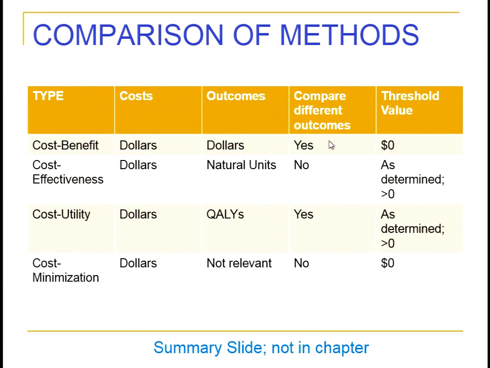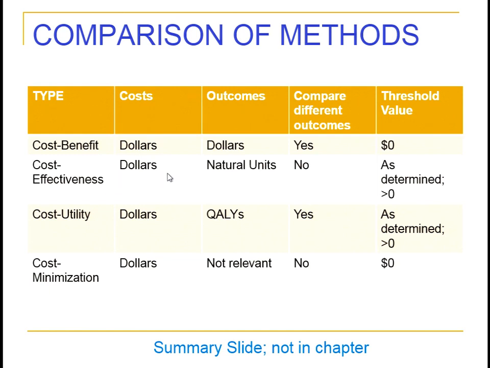The advantage is you can compare different outcomes. You can compare an immunization program to a smoking cessation program. The threshold value is 0. So you would accept any new program that has a cost savings of 1 cent or more.